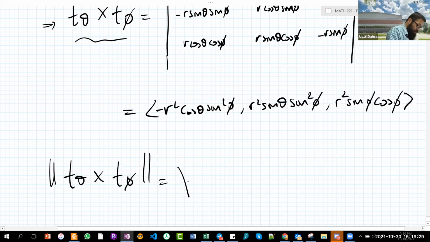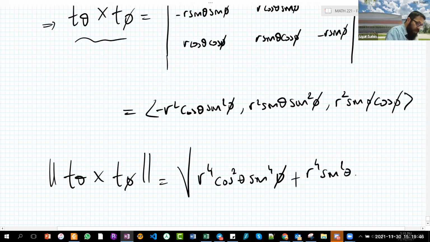For the length, I will go ahead and take the square of those terms: cosine square theta, sine to the 4 phi, plus r to the 4 sine square theta, sine to the 4 phi, plus r to the 4 sine square phi cosine square phi.